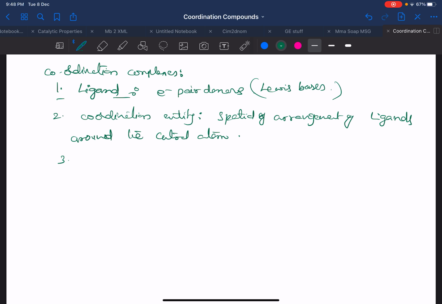Third one is the central metal atom, which we have already explained in CoCl3·6NH3. The central metal atom is the atom to which the ligands are attached. Central metal atom is generally referred to as the Lewis acid, because it accepts electron pairs.